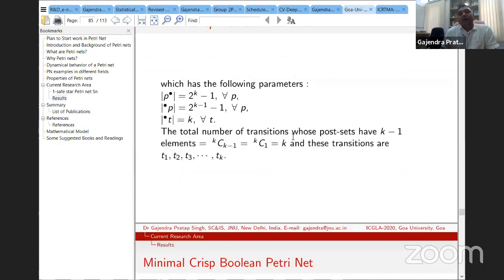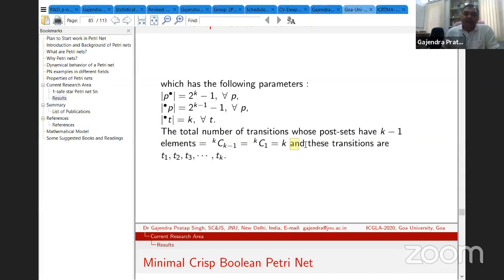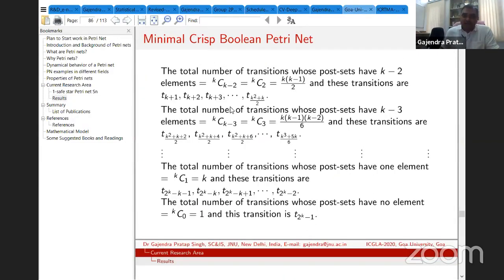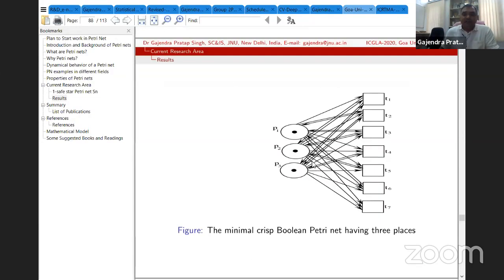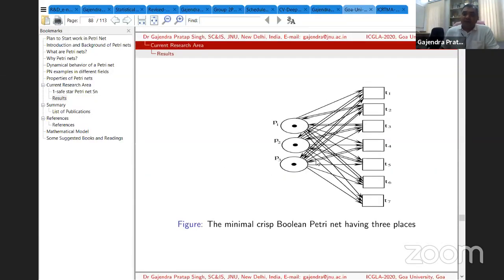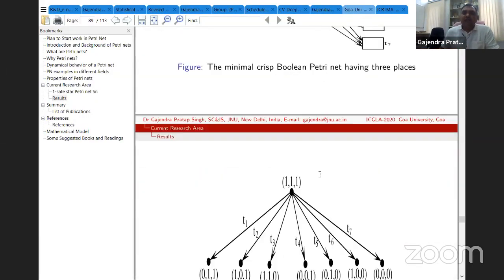That means we thought that if there exists any Petri net whose firing sequence is minimum, in the sense that the depth of the reachable tree is minimum, then under these constraints, we found that for n equal to 3 places and 7 transitions, if we fire all the transitions, we will have a star.